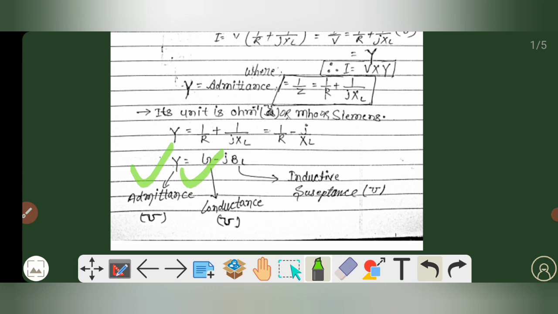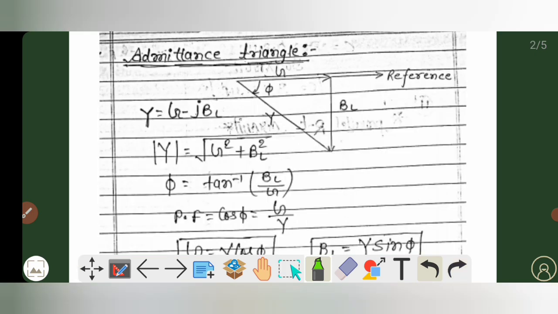The unit of admittance, conductance and susceptance is the same, that is mho, ohm inverse, or Siemens. Here G, that is conductance, is equal to 1 by R, and BL, that is inductive susceptance, is equal to 1 by XL. So this is the derivation regarding the admittance. And now, first of all, we will draw the admittance triangle.